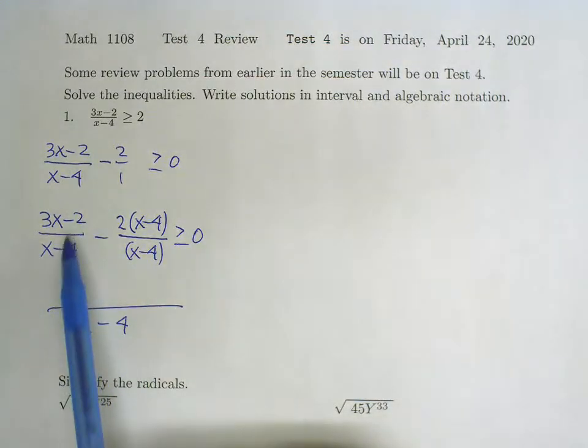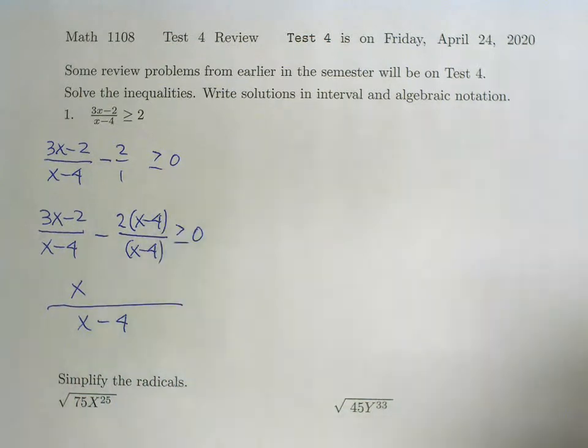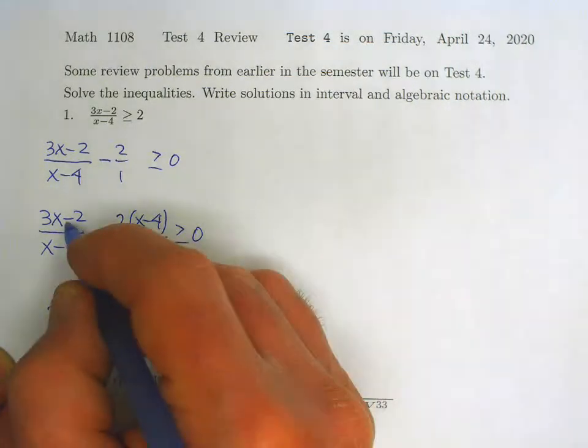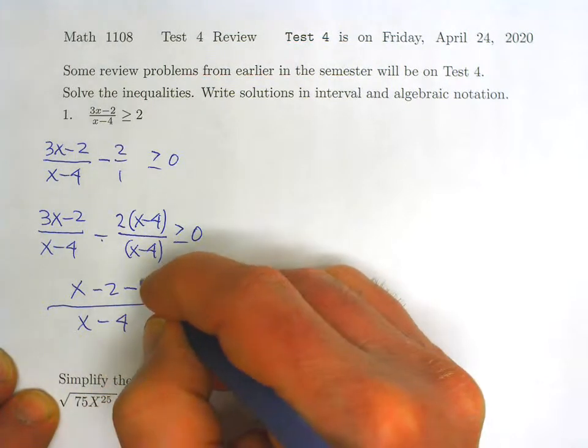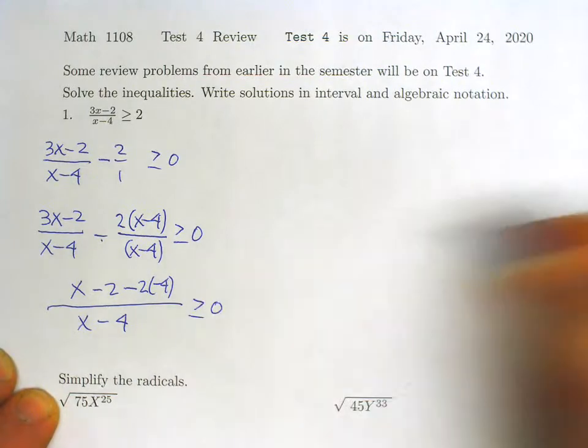And now we'll follow the constants. So this is negative 2 minus 2 times negative 4. Okay, so maybe on this one I'll write it out in a little more detail. Negative 2, and we're subtracting 2 times negative 4. This is greater than or equal to 0.